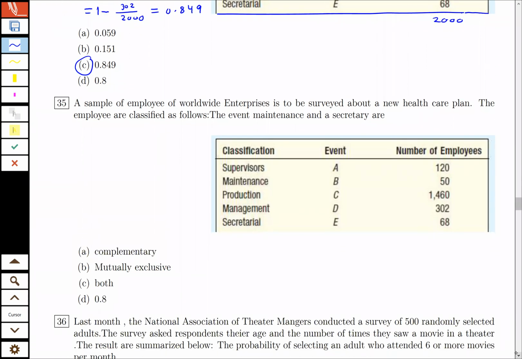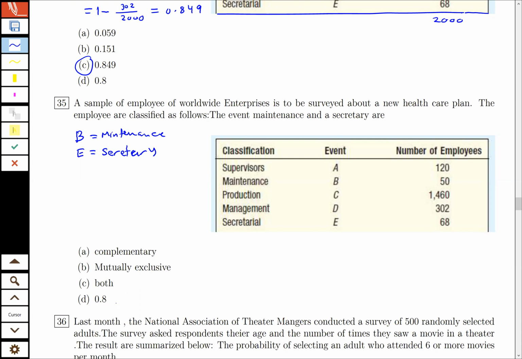Now, next question, again about the same sample, but the question is different. Now he's asking about the event of maintenance, which is B, and the event of the secretary, which is D. Are they complements of each other, or mutually exclusive events, or both?